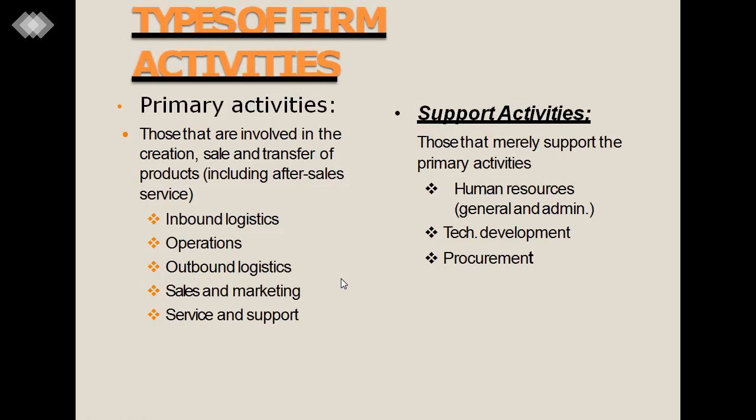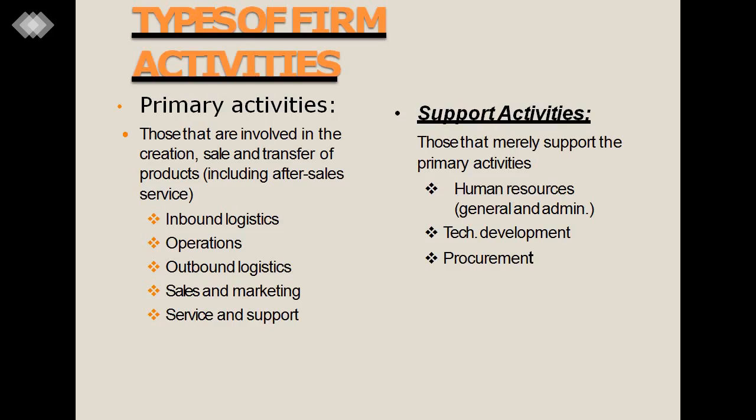In our previous slides on the introduction to the value chain, we explained this diagram also. Now, types of firm activities, primary and support activities. Those that are involved in the creation, sales, and transfer of products, including after sales service, are related to inbound logistics, operations, outbound logistics, sales and marketing, and service and support.